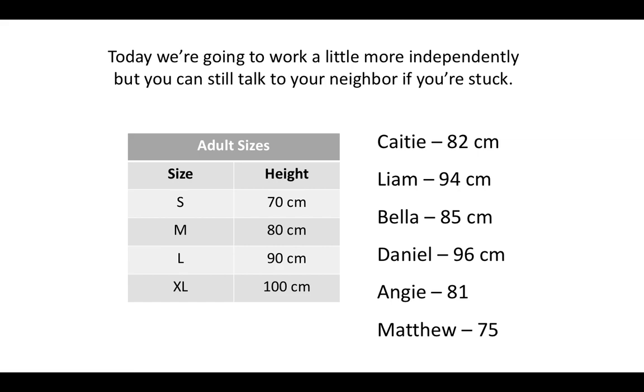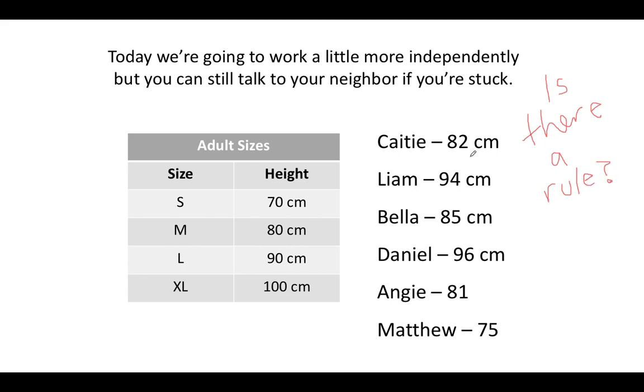Help me with these adults. The question I really want you to focus on is, is there some rule that could help us anytime we want to choose a size?